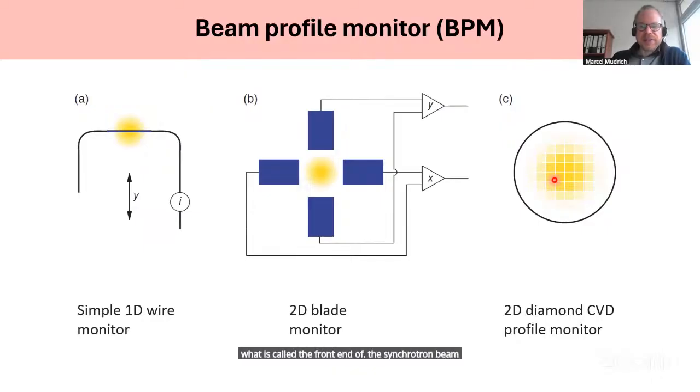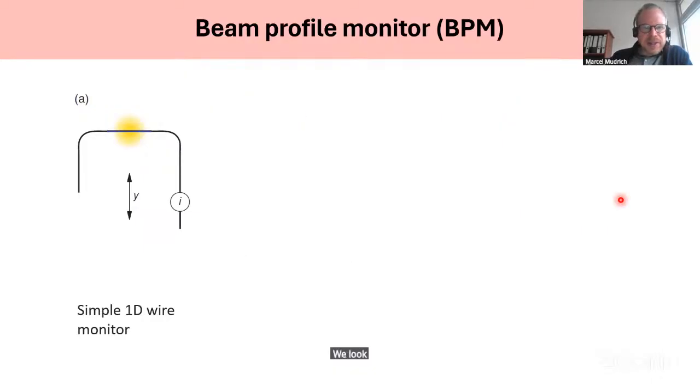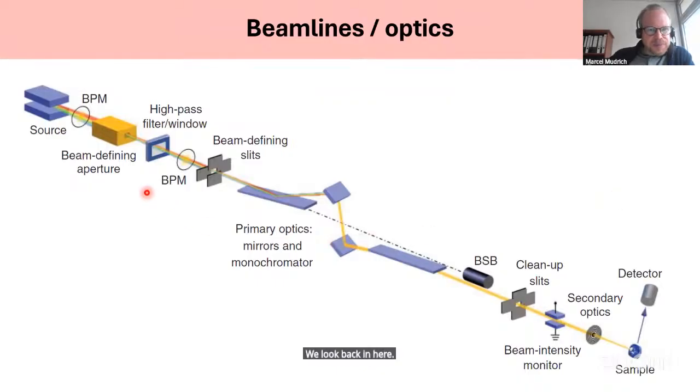So the front end is, we look back in here, basically up to typically these first beam defining apertures.